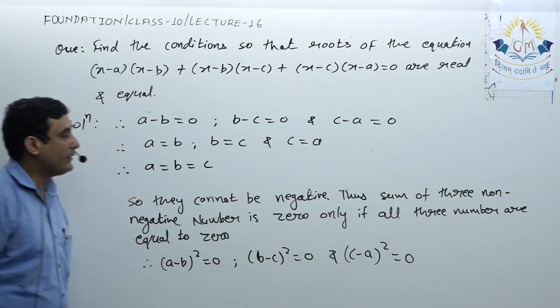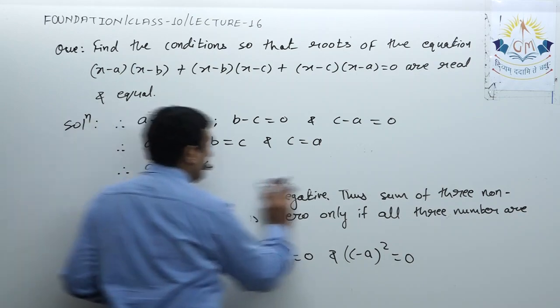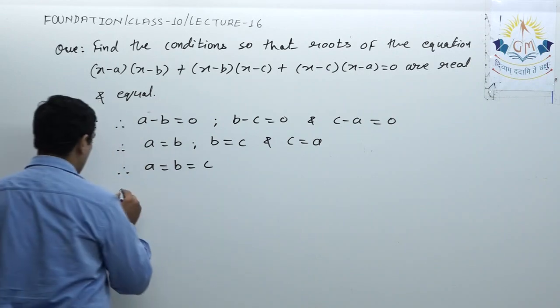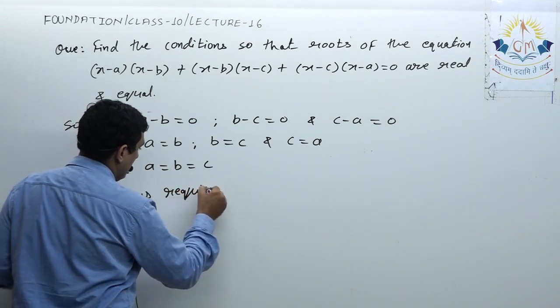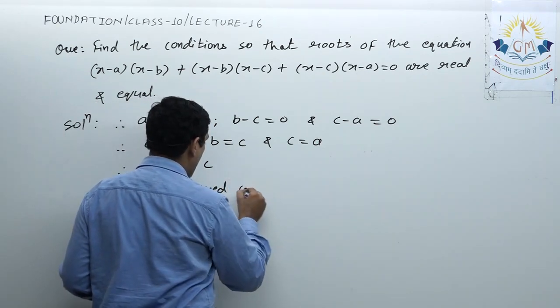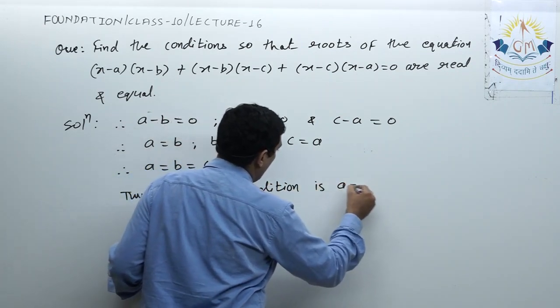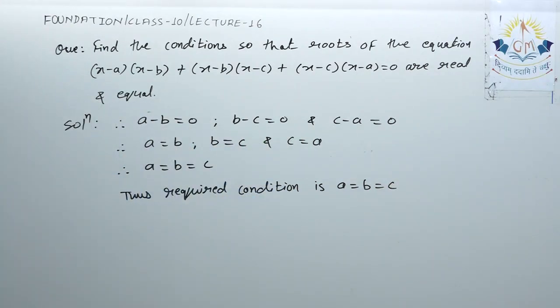So that is the required condition for the roots to be real and equal. This required condition is a equals b equals c. So that is the final solution. Note down these three terms, then we'll see the next question.